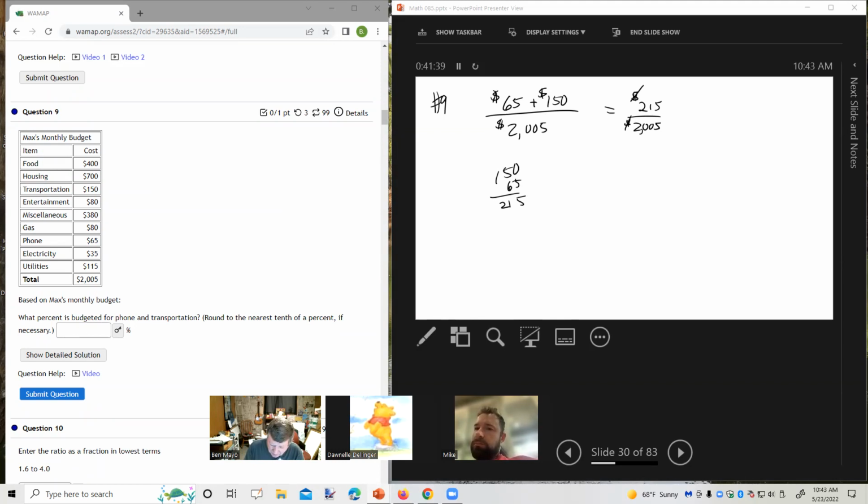So I need to convert that into a percent. So times 100% over 1, we get 21500 over 2005%. And let's see what happens when I do that. 21500 divided by 2005. It says round to the nearest tenth of a percent if necessary.